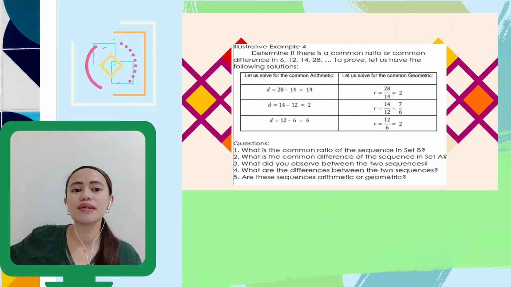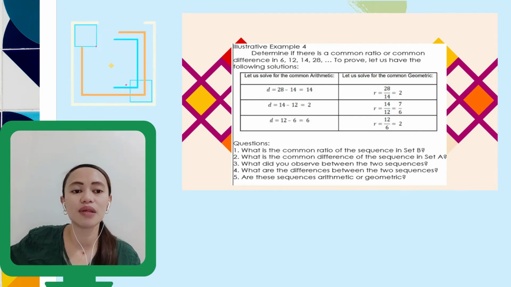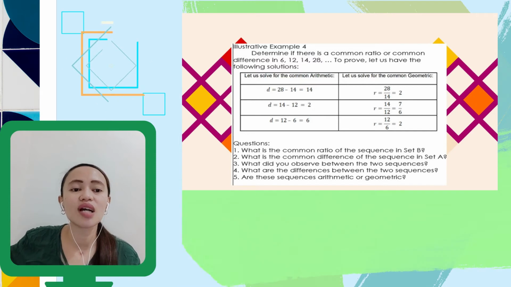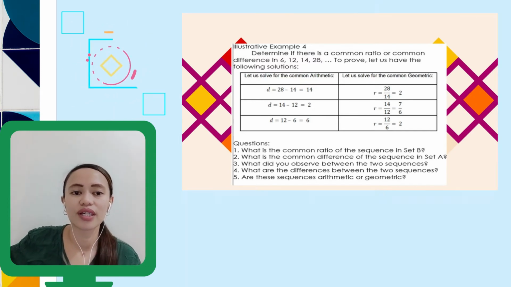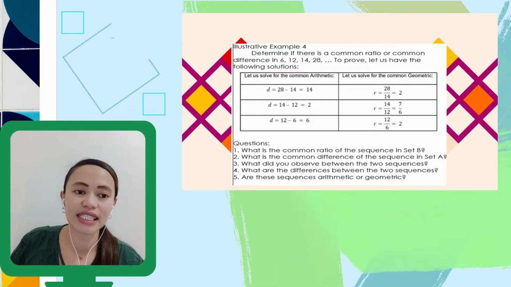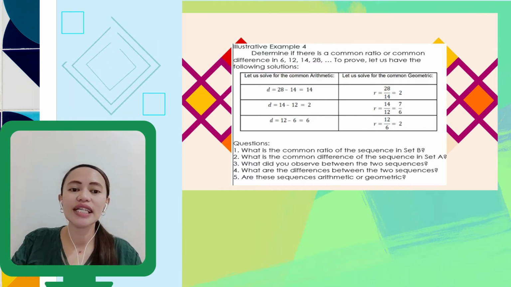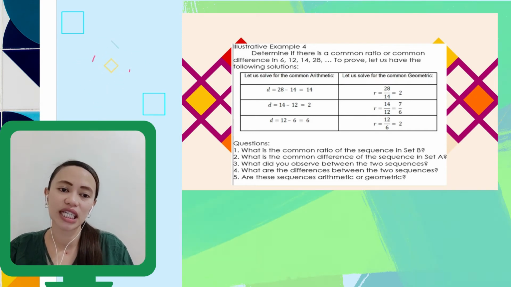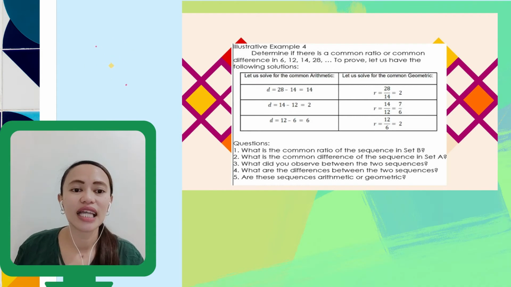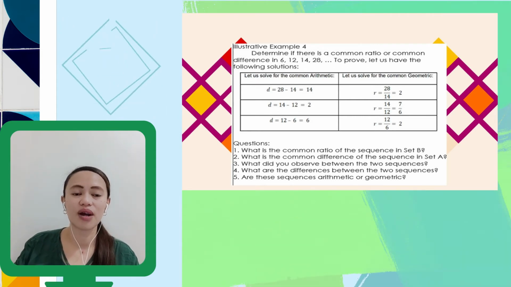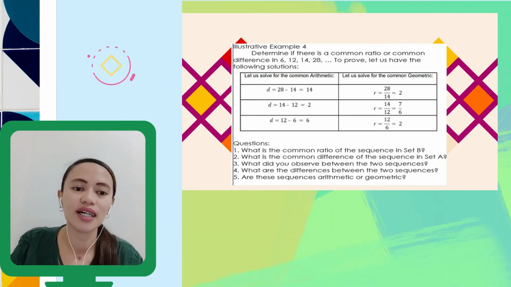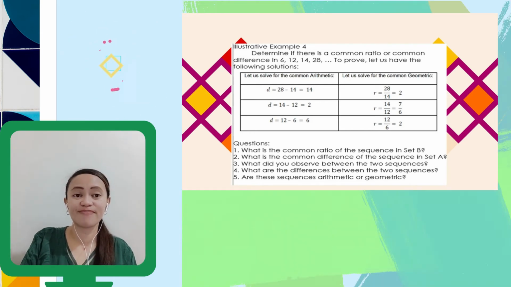Okay, let's have illustrative example number 4. We need to determine if there is a common ratio or common difference for 6, 12, 14, and 28. Let's try. 28 minus 14, we have 14. 14 minus 12, 2. 12 minus 6, 6.